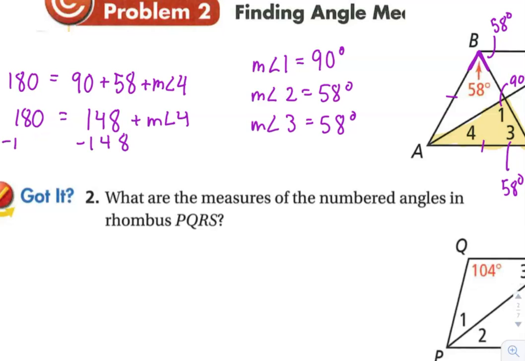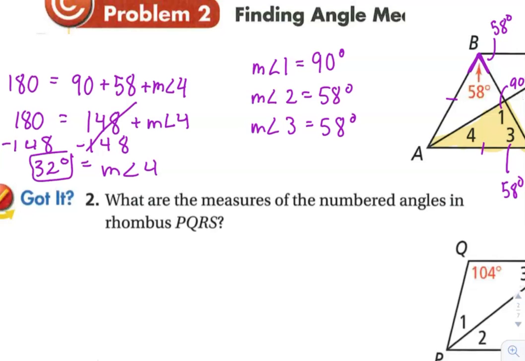We get that the measure of angle 4 is 32.